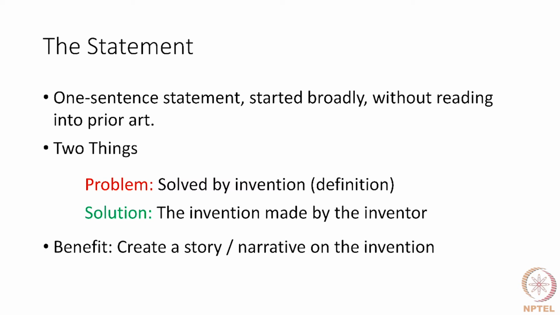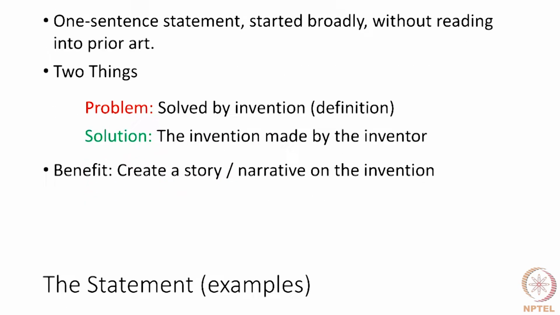When it comes to the background art, when it comes to describing the invention, when it comes to detailing the embodiments, and while claiming, if the problem solution approach is taken, then that can be the underlying theme that holds your patent specification together. So creating a story or a narrative on the invention helps you to do that.